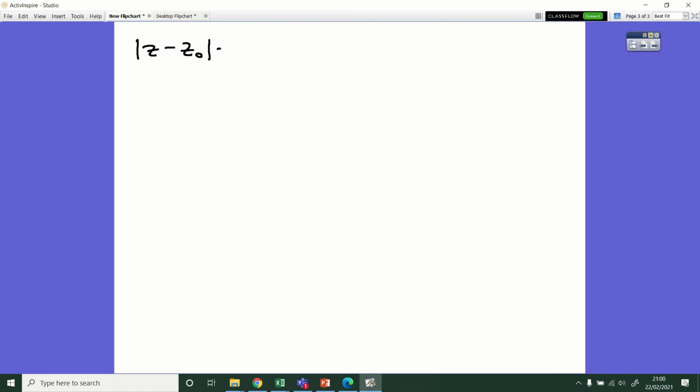So the first type of locus that we can possibly have in a question will be something like this. Some distance given over here, and that's equal to something fixed. So this is clearly going to give a circle, because our distance from our complex number here is fixed, so that gives me a fixed radius around my complex number.